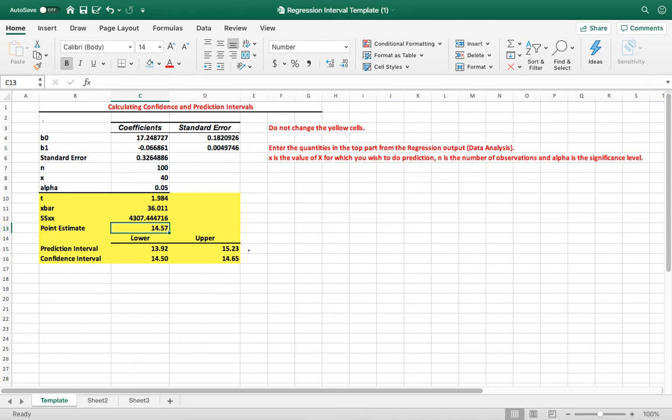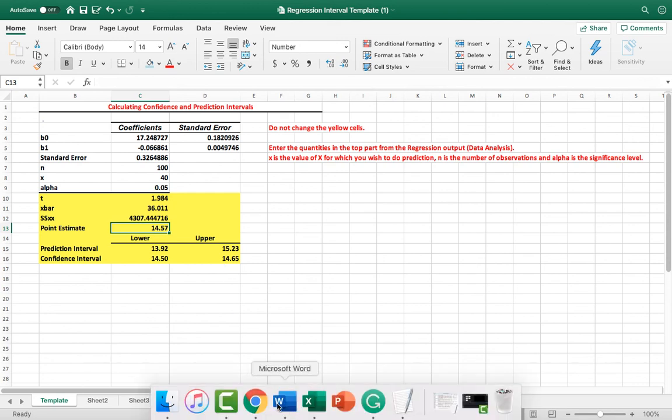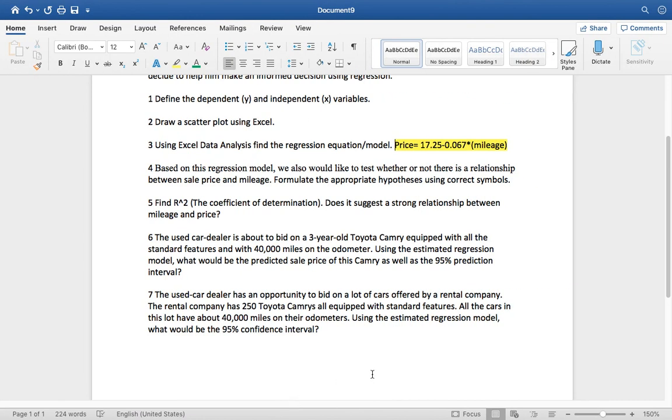But when he wants to bid on one of the group of 250 cars in the auction that came in from the rental company, the average price of any of those cars ranges from $14,500 to $14,650. And that's just completed the question.